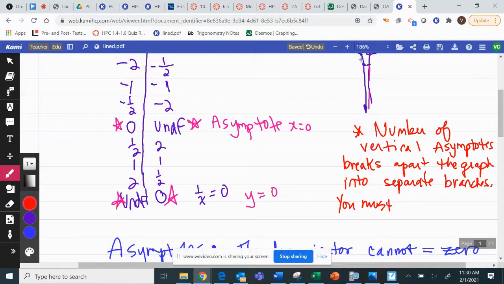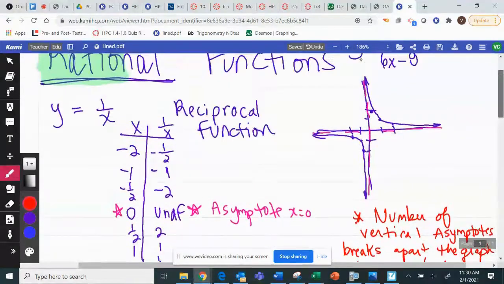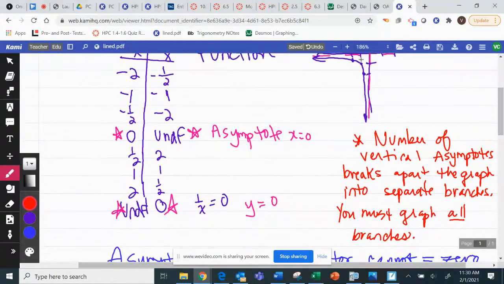You must graph all branches. The number of vertical asymptotes is going to tell you how many branches we have. If we have one vertical asymptote, like the one right above it, that's going to break the graph into two separate branches.